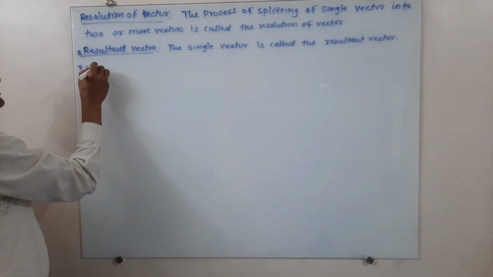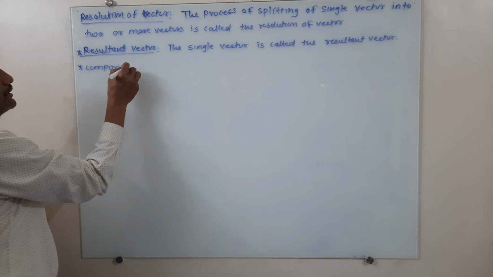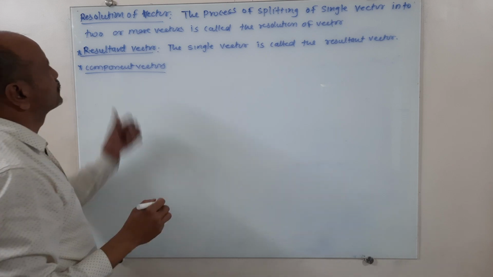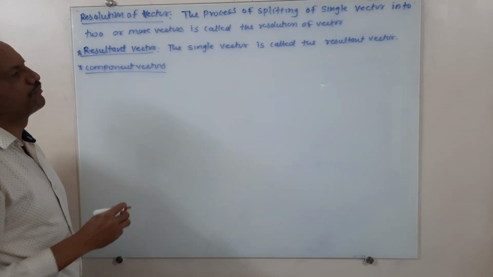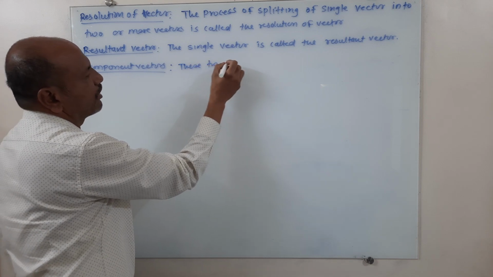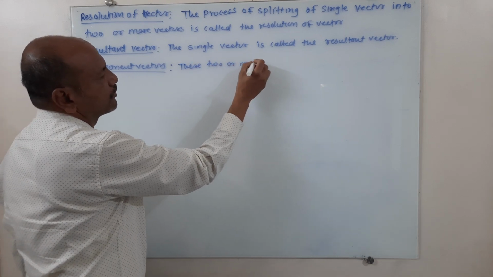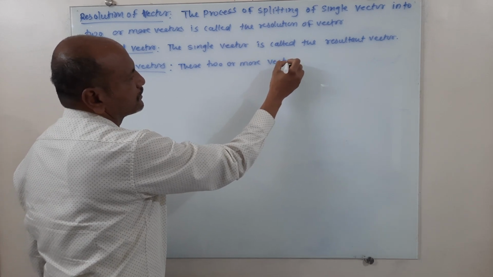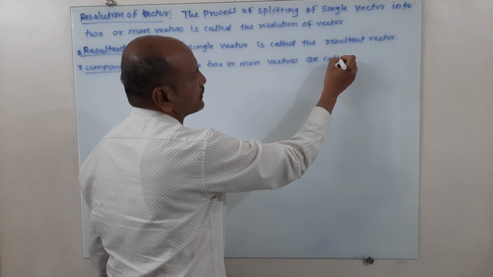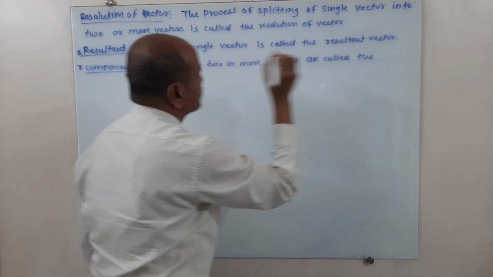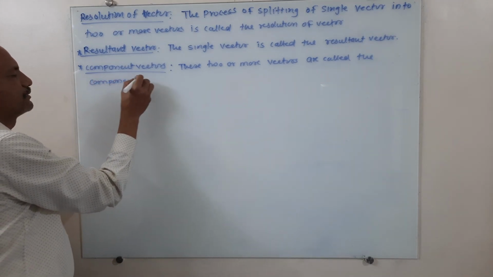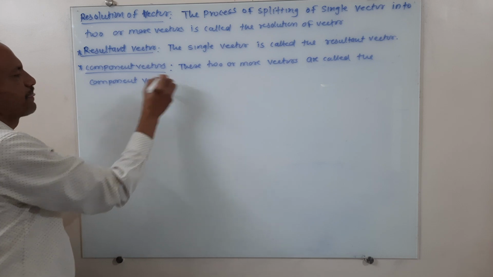Component vectors. These two or more vectors are called component vectors.